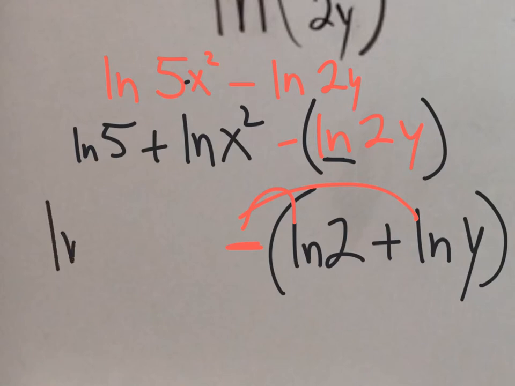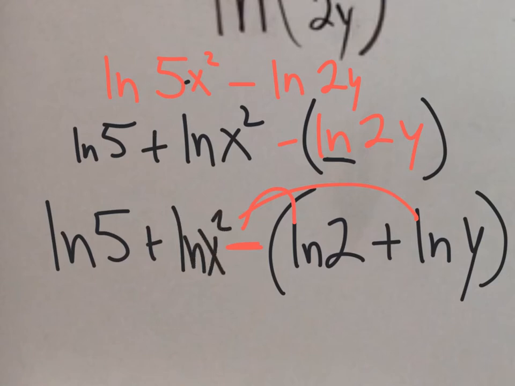I have ln of 5, I have plus ln of x squared minus parenthesis ln 2 plus ln y. And of course, let's distribute that minus sign, and let's also use the power property to take that 2 and put it right here in front. So let me write my final answer here.